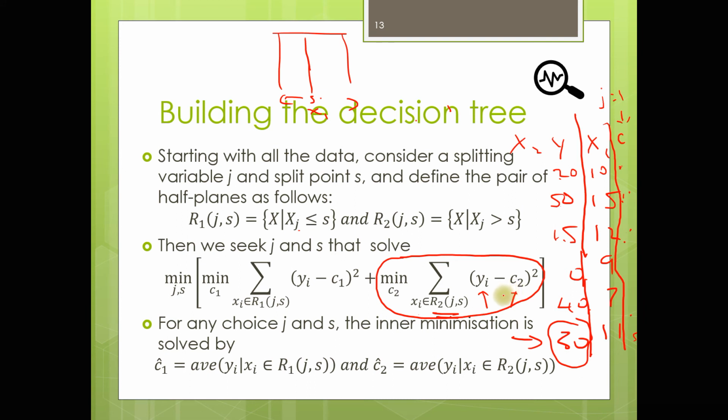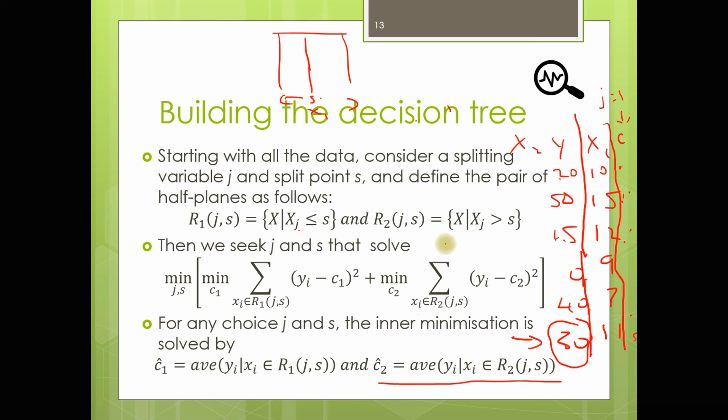This C2 is obtained by an average of y over that particular region. This is what I mean here, an average of y over that particular region.